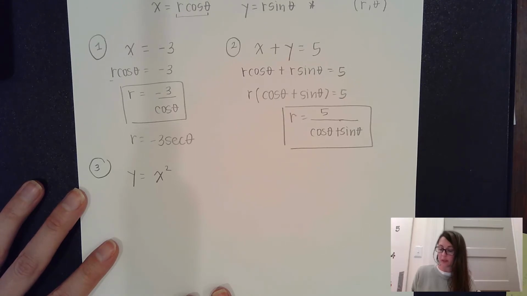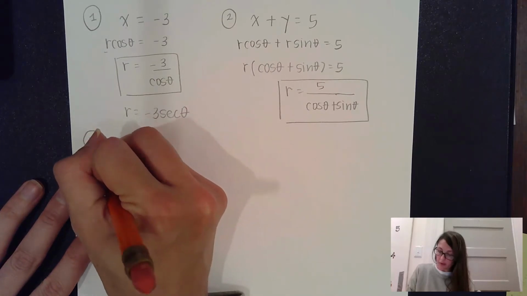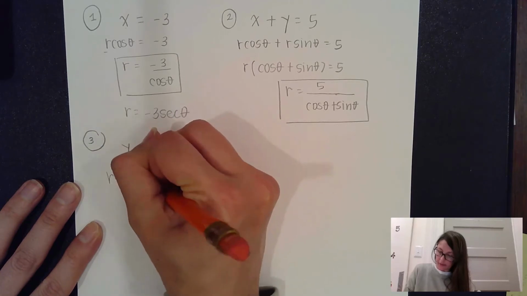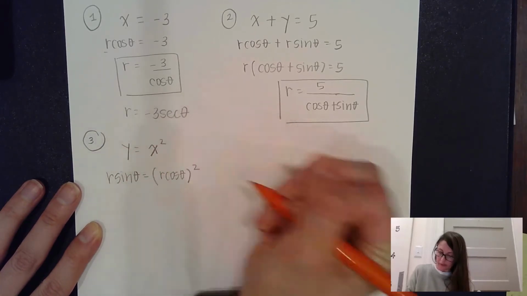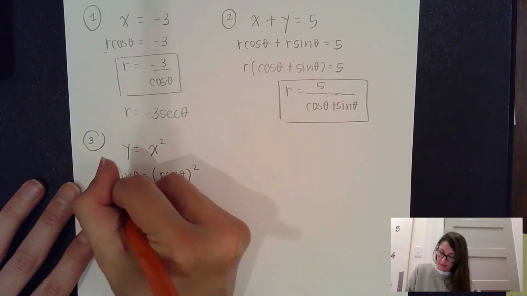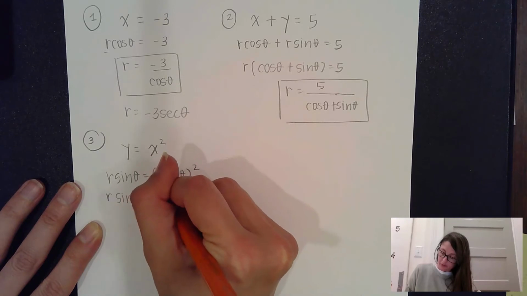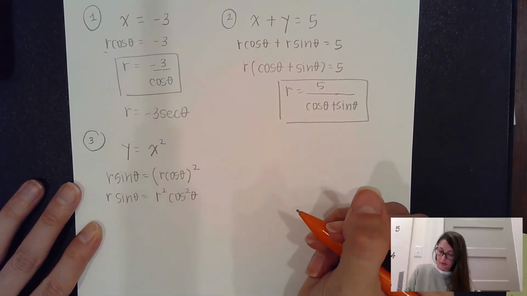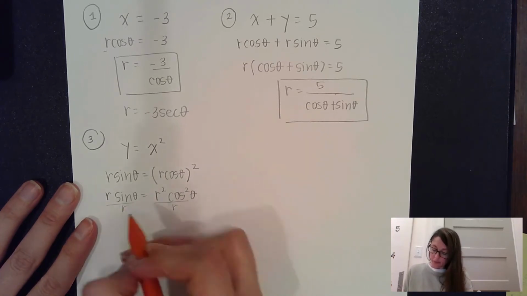All right, what about this one? y equals x squared. So y is going to be r sine of theta. x squared would be r cosine of theta, all of that squared. So we'll have r sine of theta equal to r squared cosine squared theta. Divide both sides by r, so we'll get an r out.